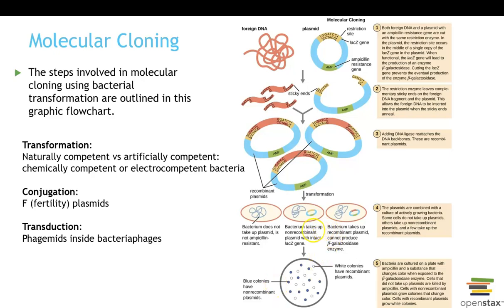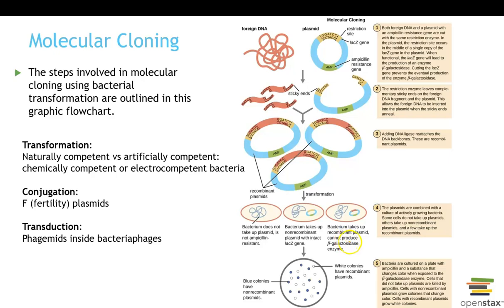If the bacteria takes up the non-recombinant plasmid, the plasmid that doesn't have the insert, the LacZ stays intact, so it makes the enzyme that breaks down the X-gal, and you see these colonies as blue.